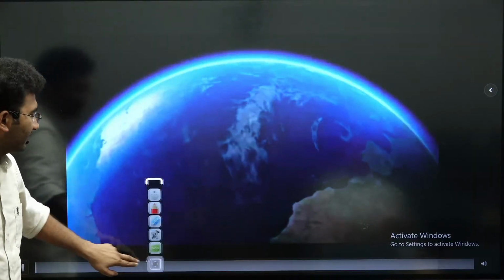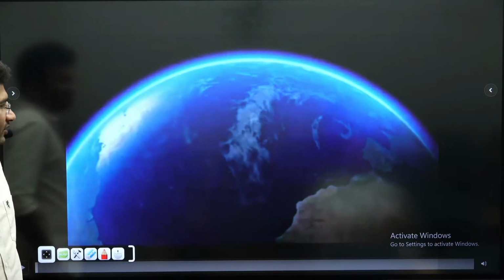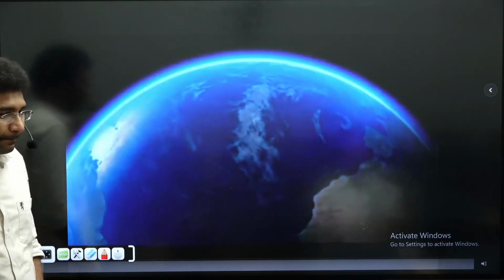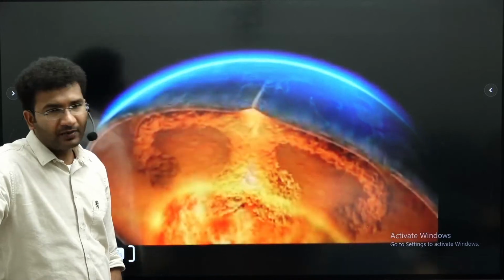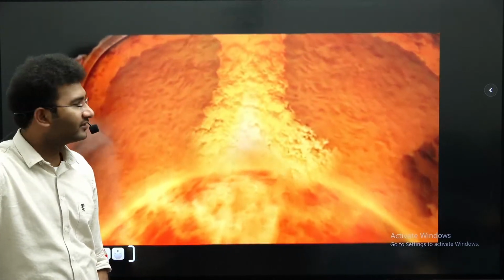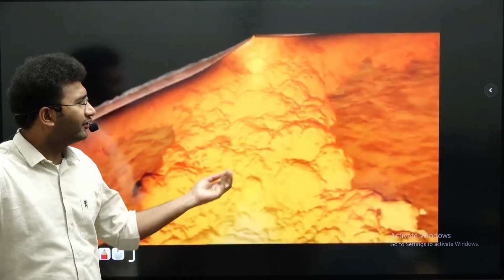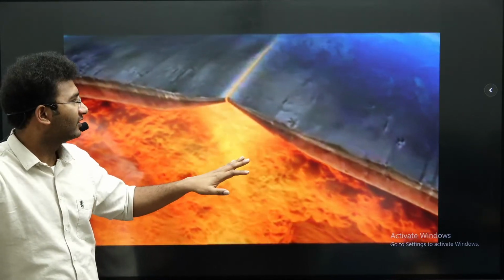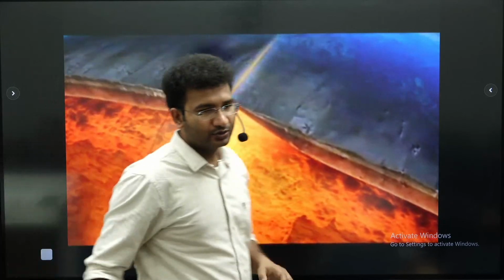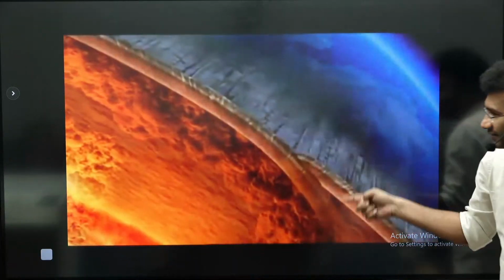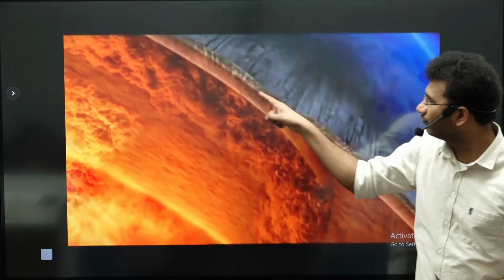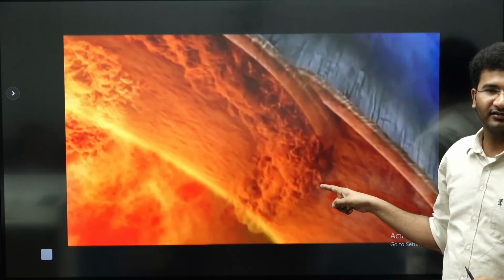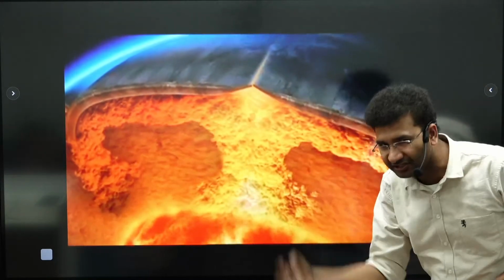All of this we'll be studying in the advanced classes, but look, there is a lot of magma in the mantle, and in the outer core also. On a continuous basis they'll rise. Why they rise and all, I'll give the reasons in the further classes. But when they start to come up, along with its movement, it will also move the materials, or it will move the entire crust.